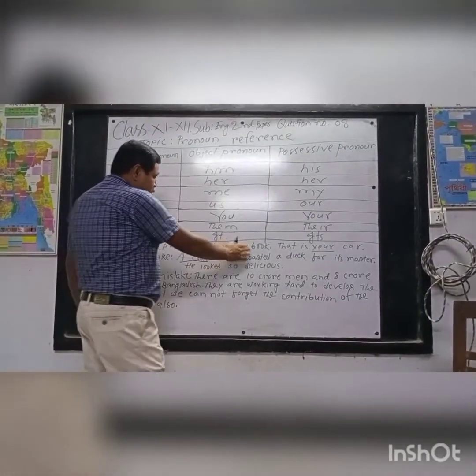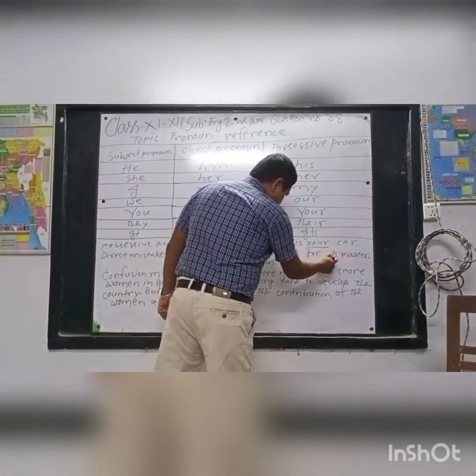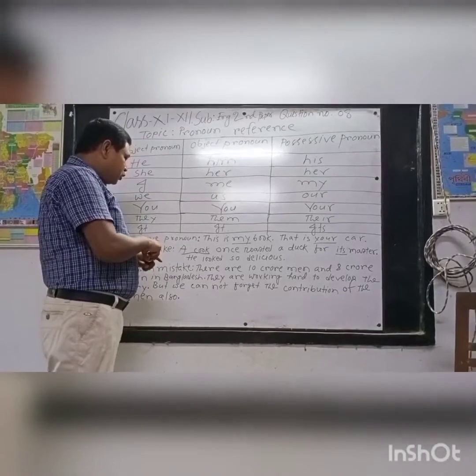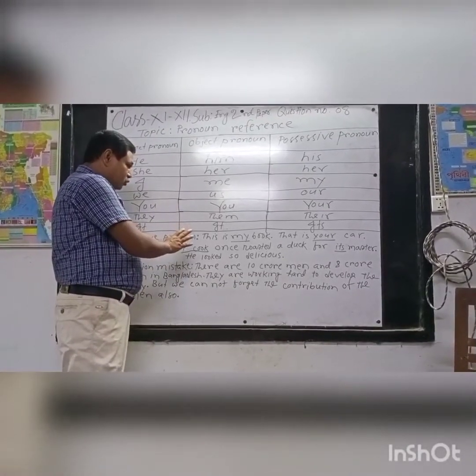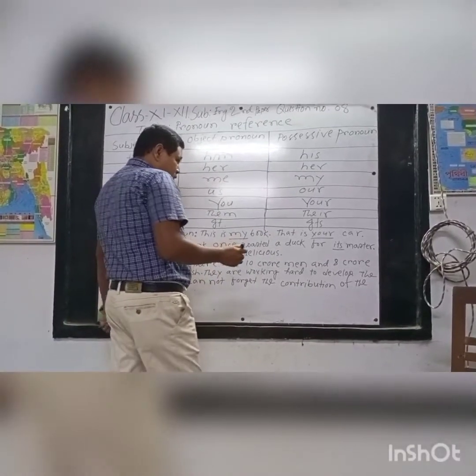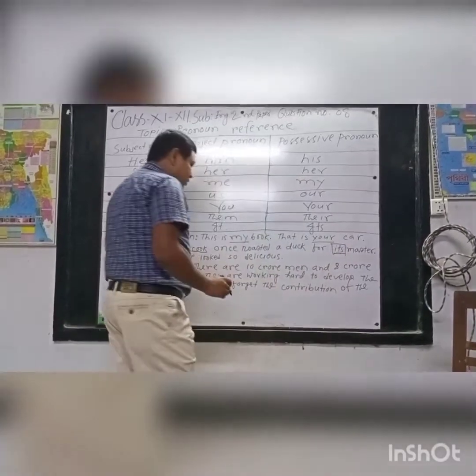A cook once roasted a duck for its master. So, if we try to find out the incorrect pronoun from this sentence, then the incorrect pronoun is its.